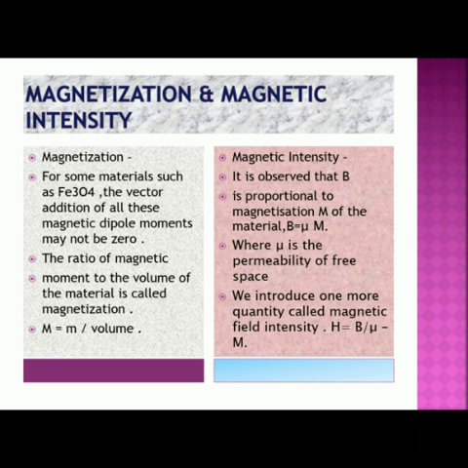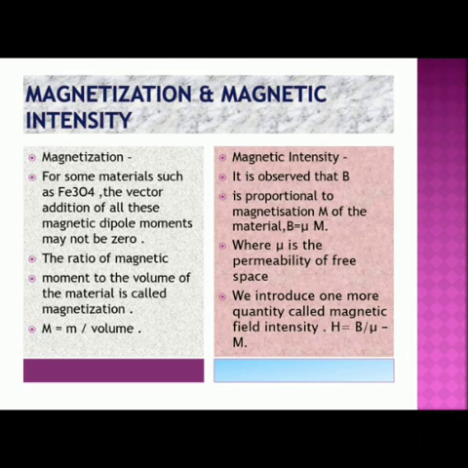Now we move on to the magnetic intensity. Magnetic intensity is being observed where your magnetic induction is proportional to the magnetization of the material, that is capital M. If I write down the formula, students, it is B is equal to mu naught M, where mu naught is the permeability of free space.